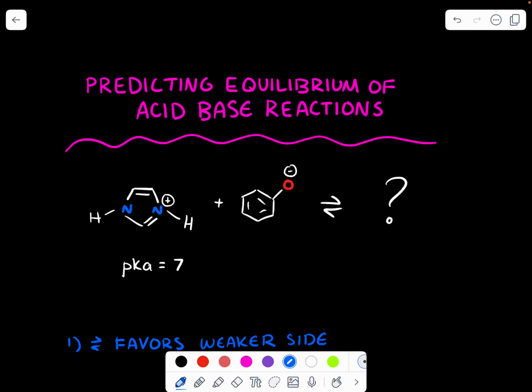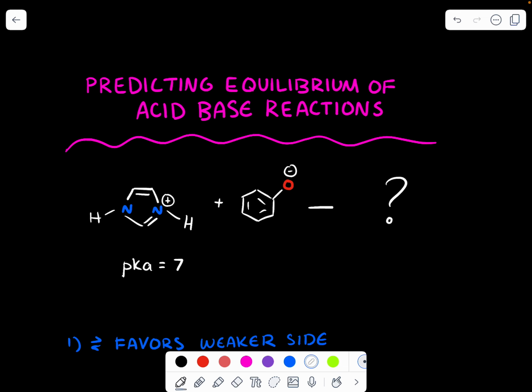In this video, I'm going to be going over how to predict the equilibrium of acid-base reactions. Essentially, we're going to be looking at which side of the reaction equilibrium favors. These equilibrium arrows are telling us that there is no favored side. It is equal. But we're going to be looking at disproportional equilibrium arrows.